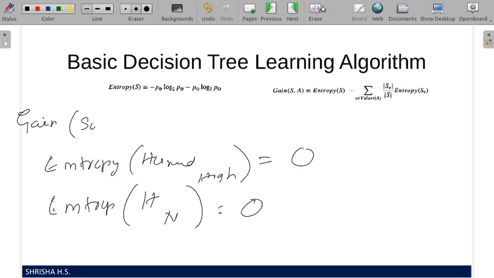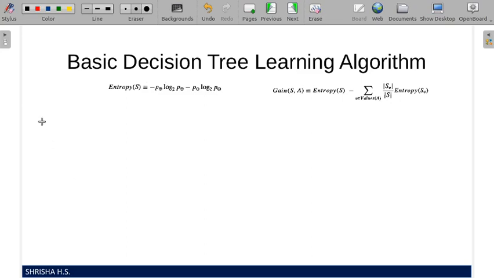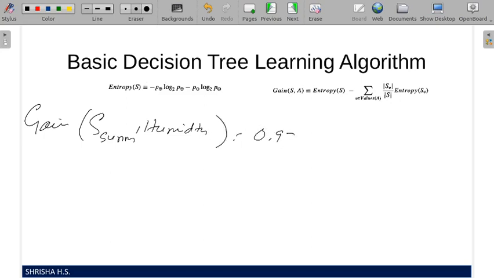So when we are calculating the information gain, how will we write it? Gain when our outlook is sunny and humidity: entropy of those 5 instances minus, out of 5, 3 are high, where all are negative examples, so entropy is 0, and 2 are normal, where all are positive examples, so entropy equal to 0.